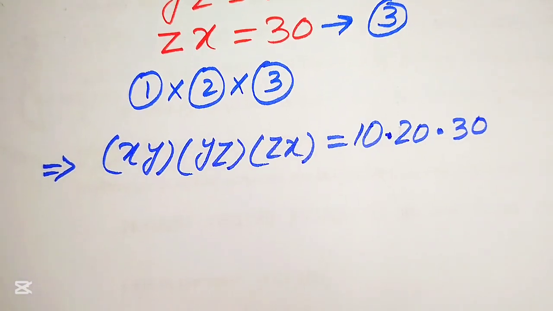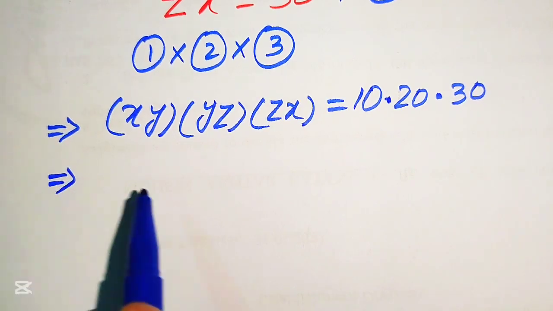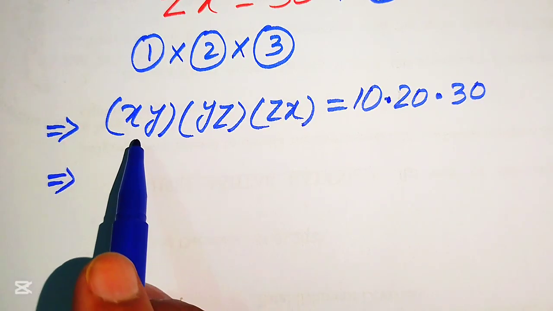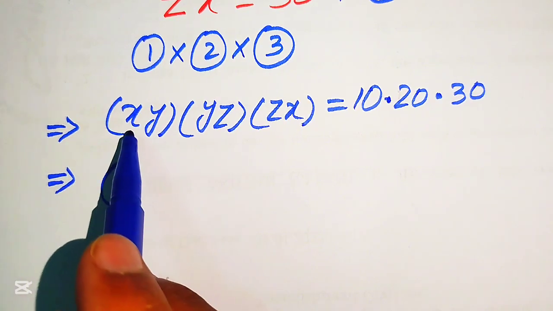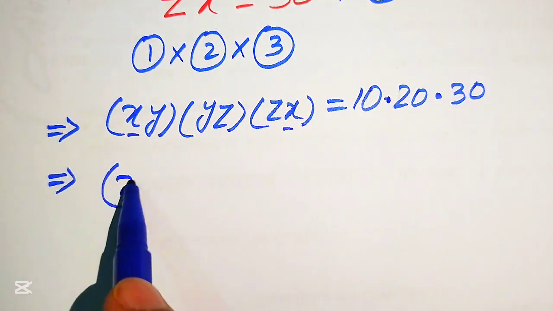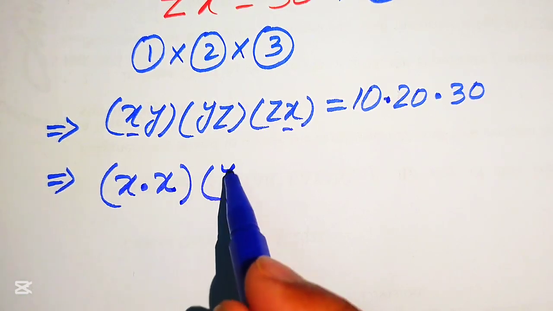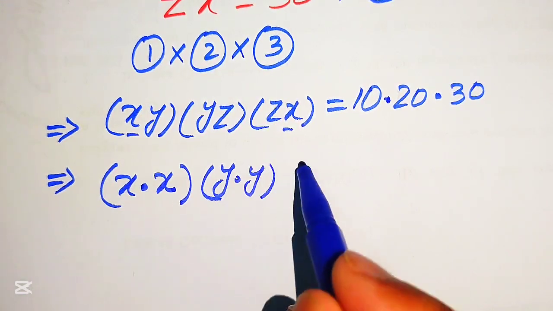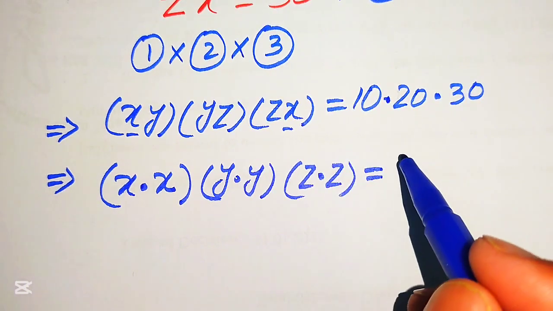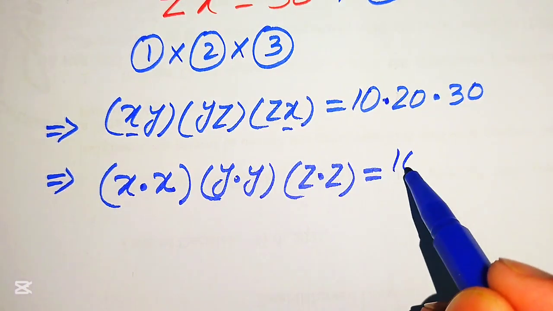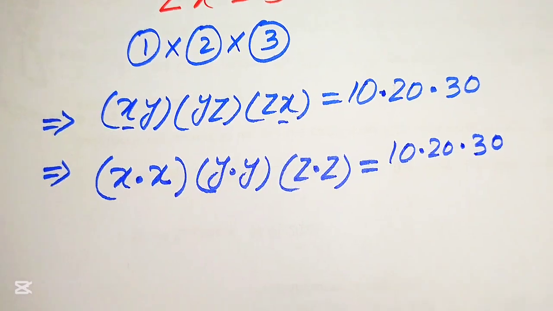Now you see that we need to rearrange the multiplication of these terms. Here we multiply x with x, and we can make the pair of y with y and z with z, equals 20 multiplied by 20 multiplied by 30.